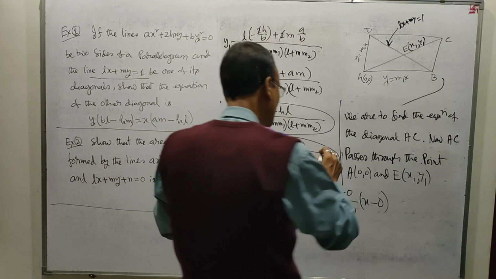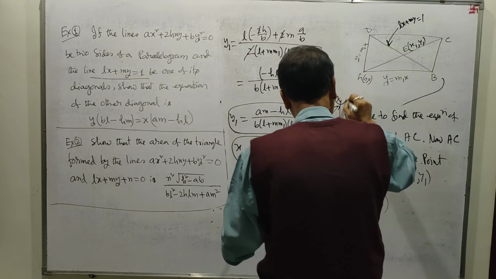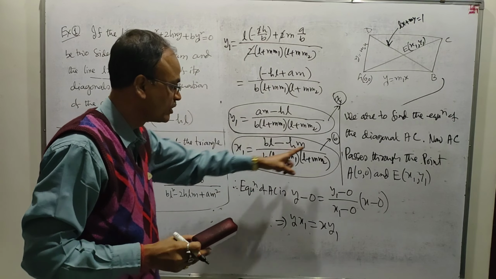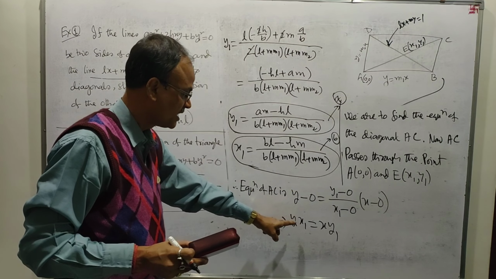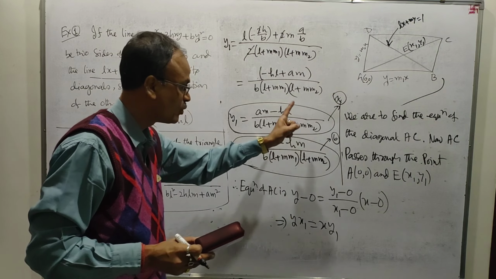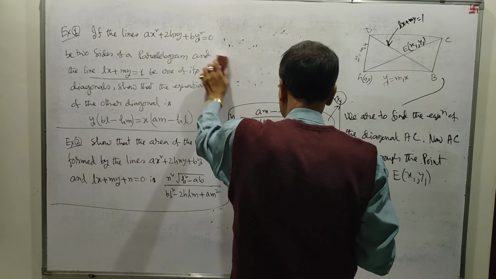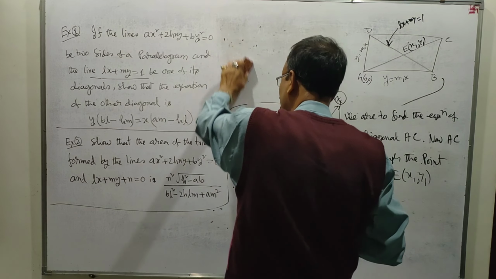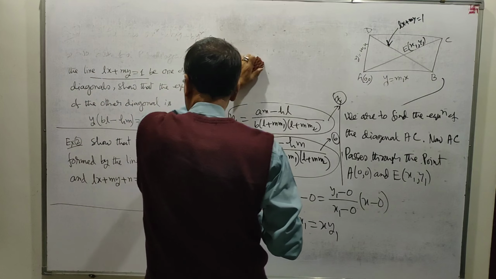Now x1 and y1 are given by the earlier results, number 6 and number 7. So put x1 from number 6 and y1 from number 7.